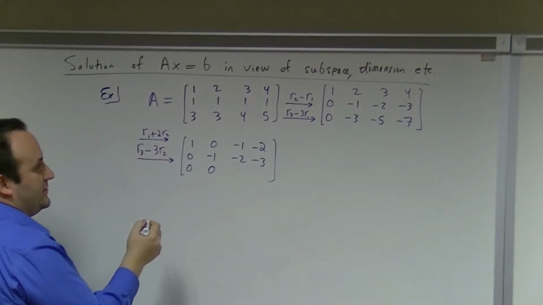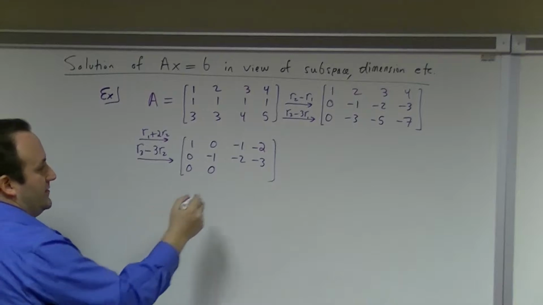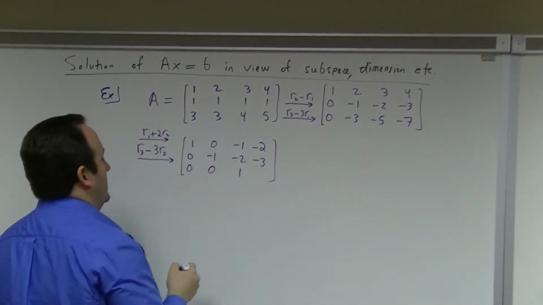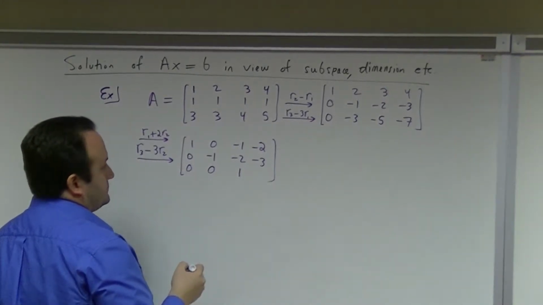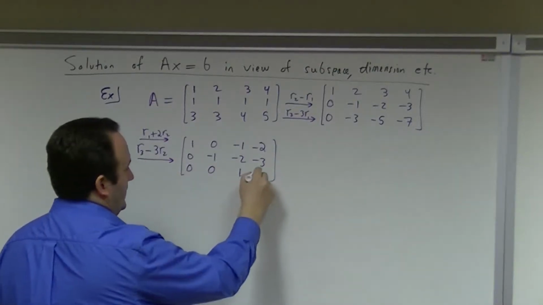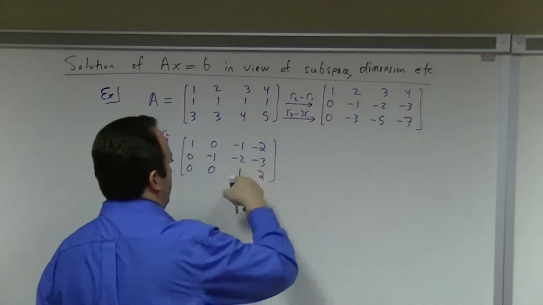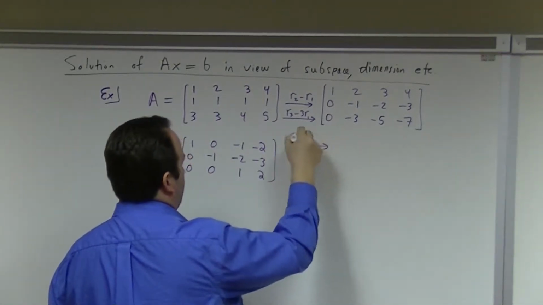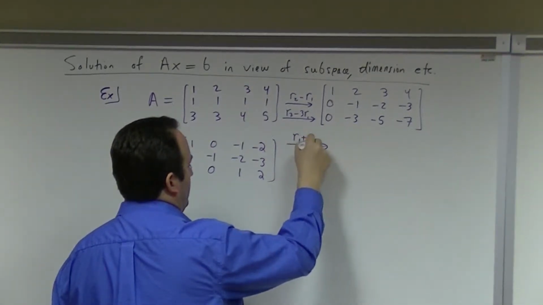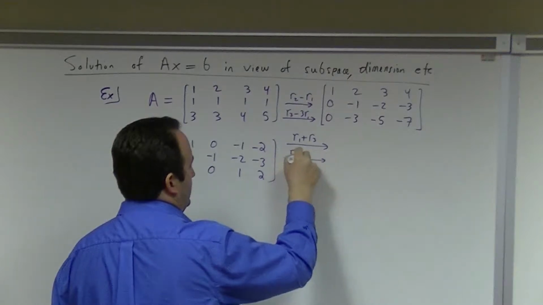Row 3 minus 3 row 2, which is what? 1. And then what? 2. All right, and now we can clear out this guy. So I have row 1 plus row 3, and row 2 plus 2 row 3.